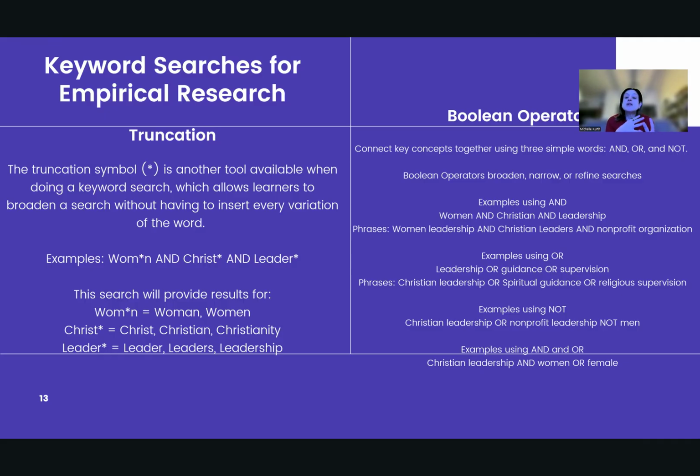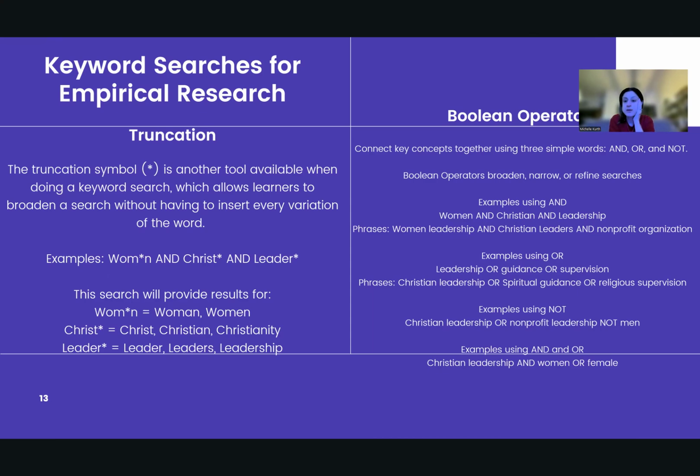And then examples using not. I might say I want to find an article in the keyword Christian leadership or nonprofit leadership, not men. By doing that, it will make sure that men is not in the title. It also helps me define and refine my population search.